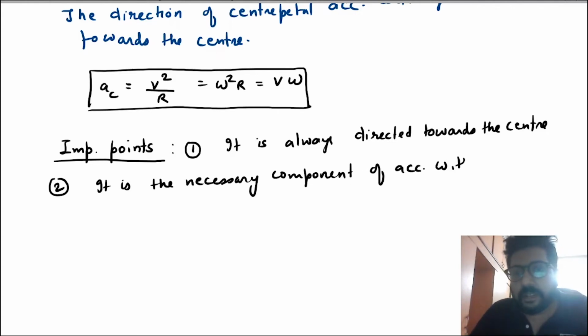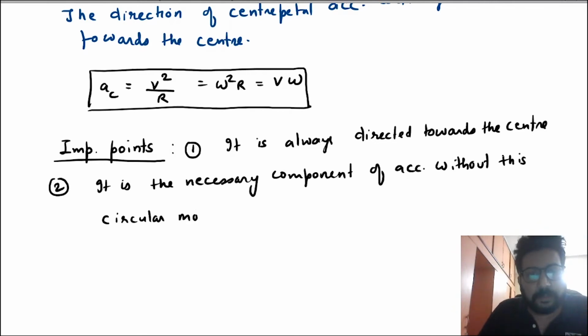Without it, circular motion is not possible because it is responsible for the change in direction.